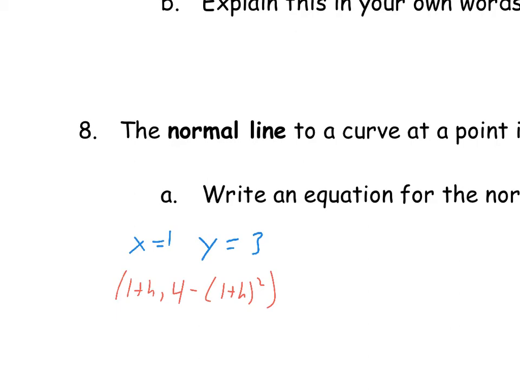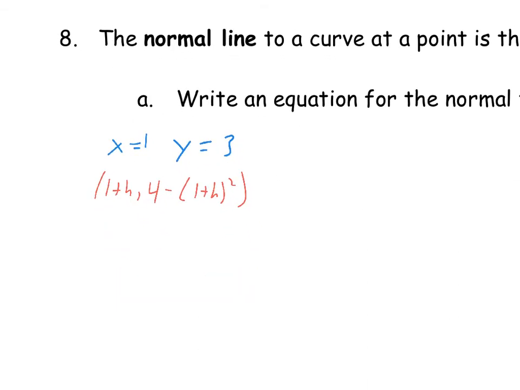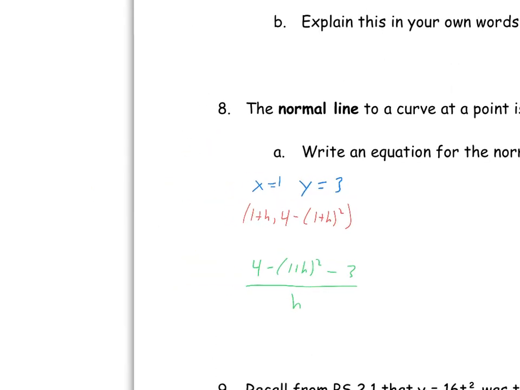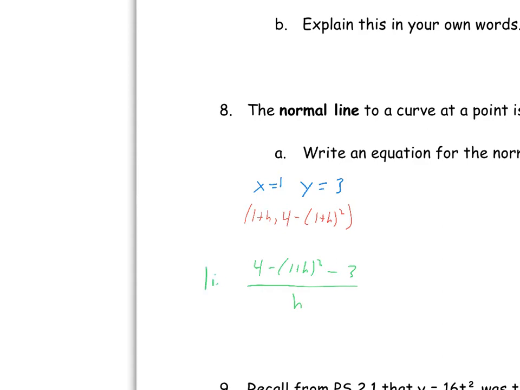So that's our y2. Okay, so setting up what's called the difference quotient, but again, just slope between 2 points. 4 minus (1 plus h) squared, that's y2, minus 3, y1, over x2 minus x1, which we know is just going to be h. And we're doing the limit of this as h goes to 0.